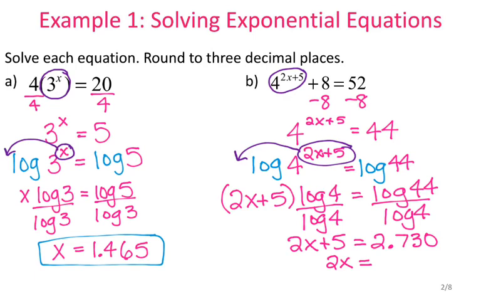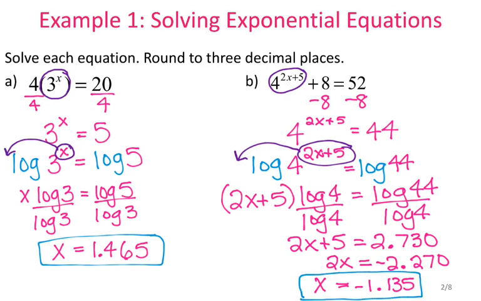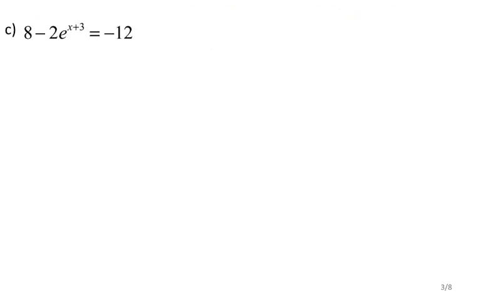I'm running out of space. That gives me negative 2.270 divided by 2. And you get negative 1.135. All right, so that's A and B.